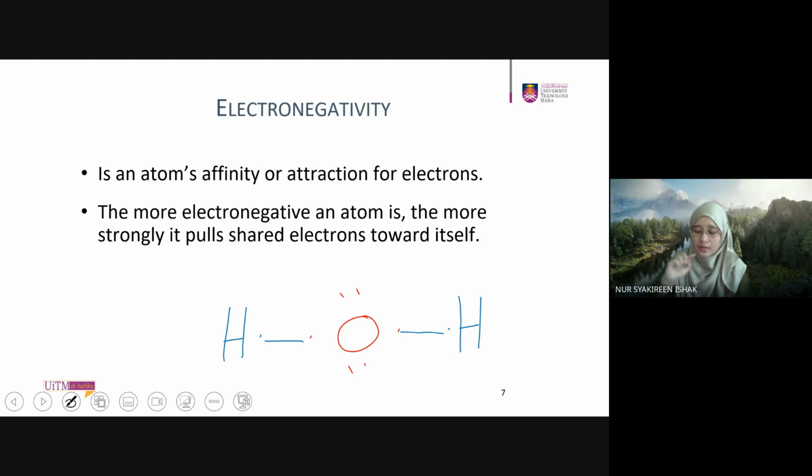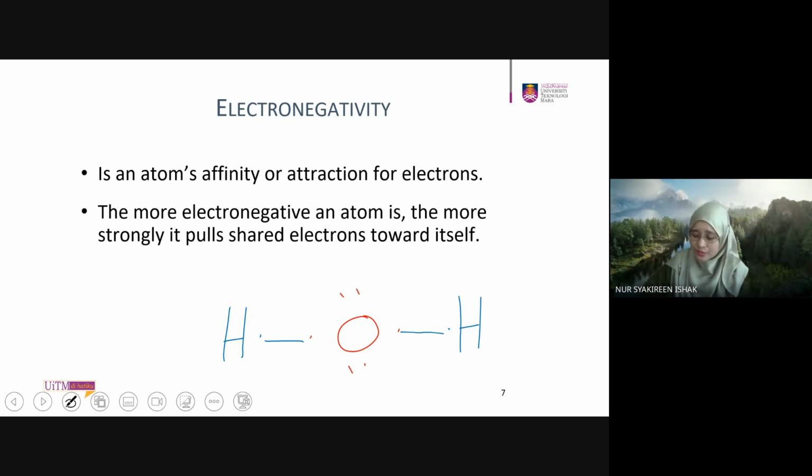Okay. So let's look at the definition once again. It is an atom's affinity or attraction for electrons. The more electronegative an atom is, the more strongly it pulls shared electrons toward itself. So that's why a water molecule has polarity. It has a dipole. It doesn't have a full charge, but it has a dipole, a polarity, a partial charge.